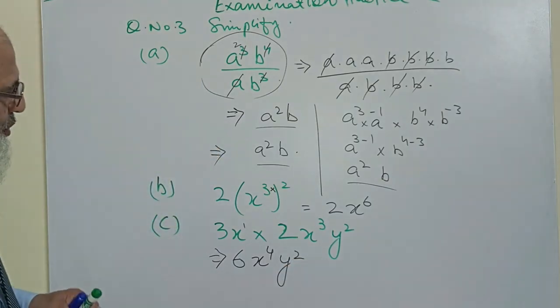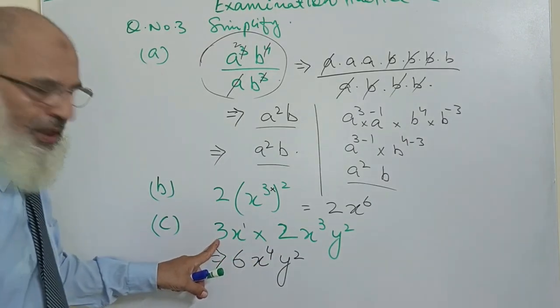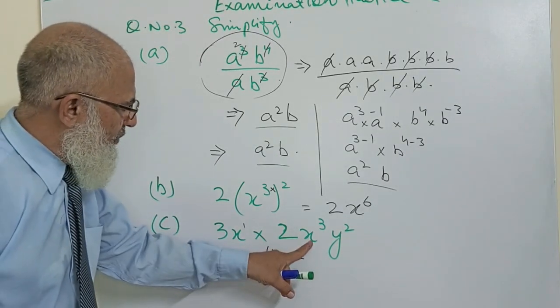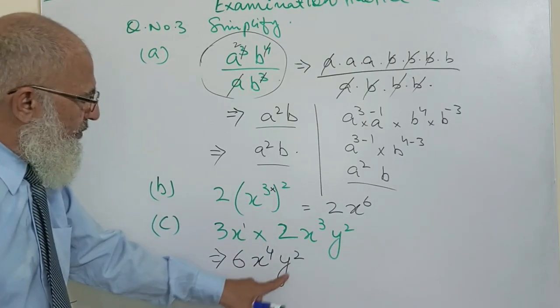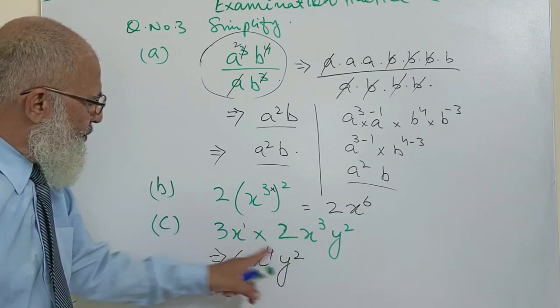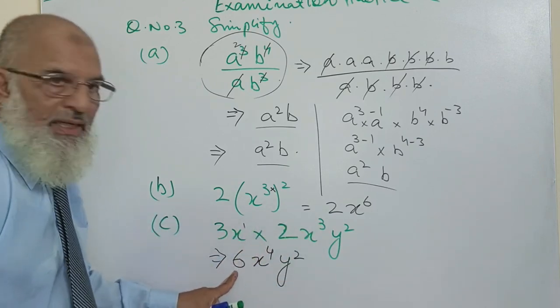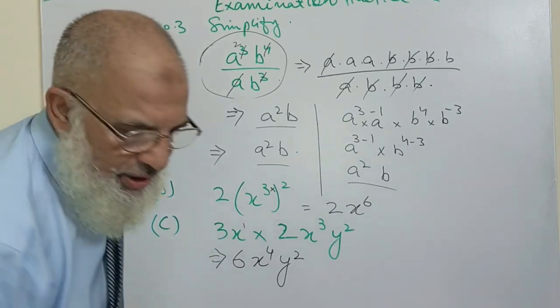So the answer is the multiplication of the coefficients and the multiplication of x, but there is only one y, so we write y as it is: 6 x4 y. Let's proceed further.